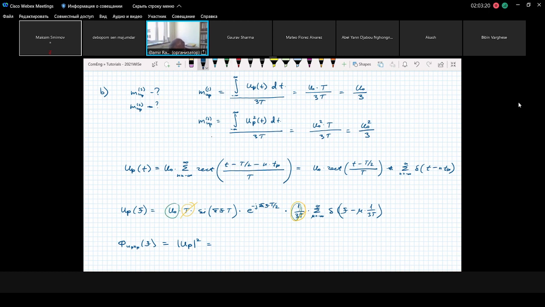So we get u0 over 3 squared, times sinc squared function of pi f capital T, times the sequence of delta pulses, mu from minus infinity to infinity, delta pulse f minus mu 1 over 3T. So this is our resulting power spectral density.